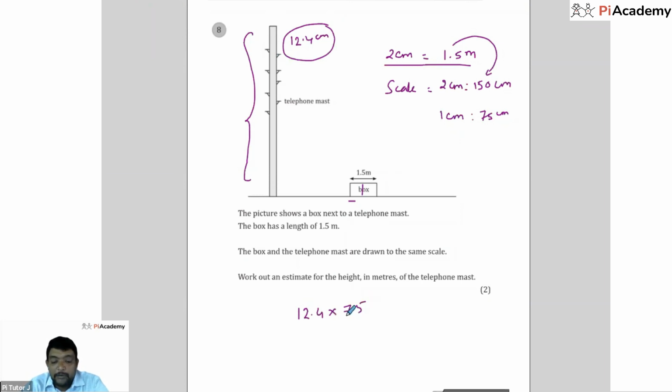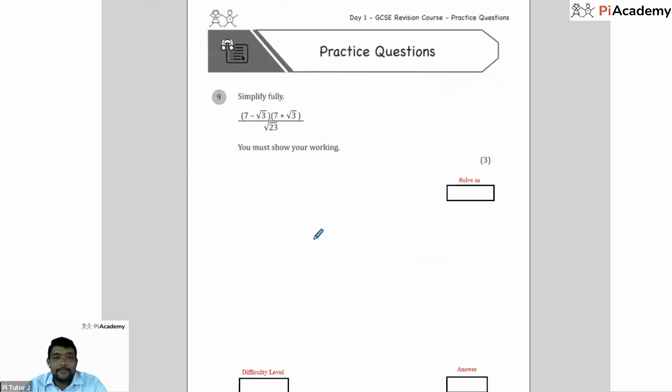How much is that? Can you calculate that? 12.4 times 75 is 930, which in meters is 9.3 meters, right? You understand? Yeah. Makes sense? Good. Wonderful. Next question.